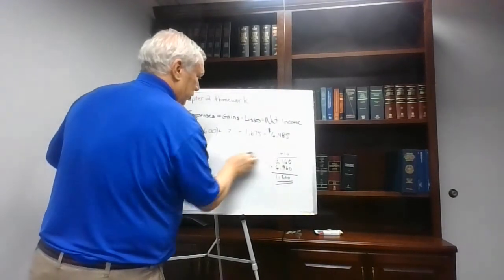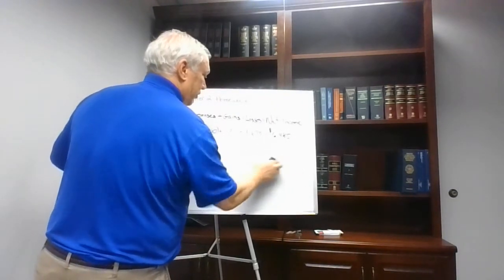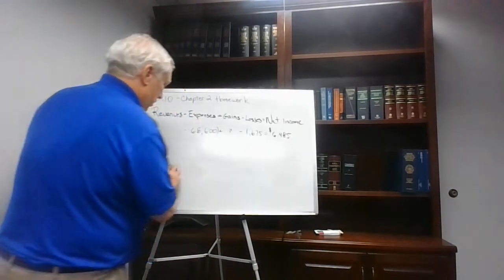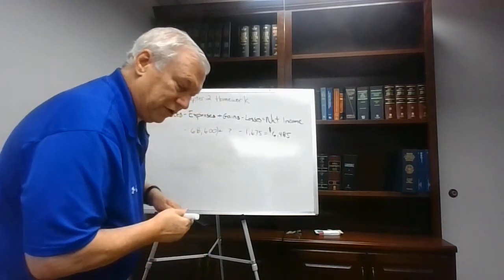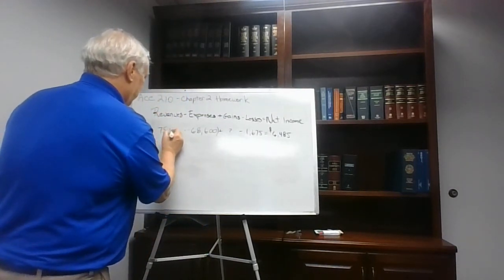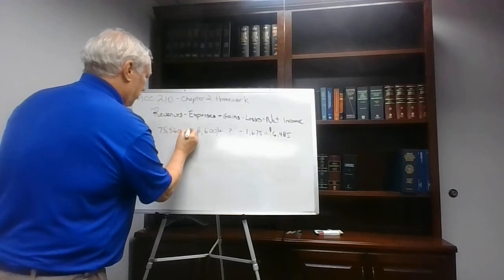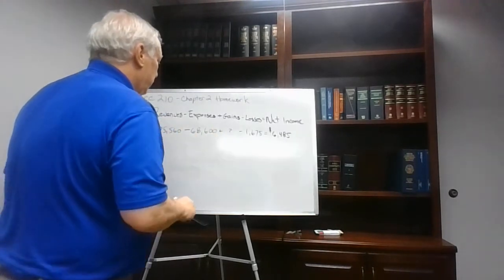Let's do it so maybe we can do it in one step. Wouldn't that be better than having to go through line by line? So what was the beginning? 75,560 minus 68,600.